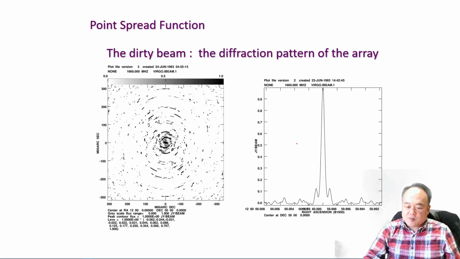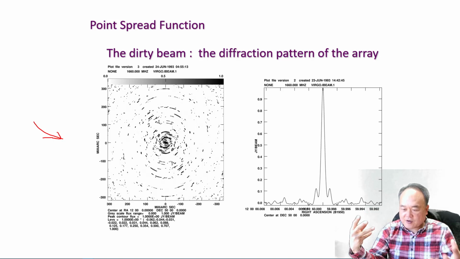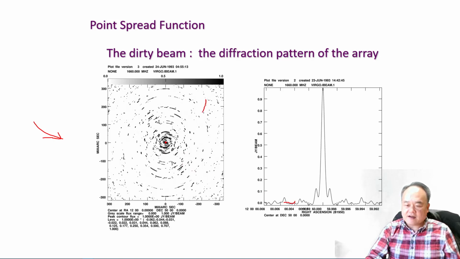And this is more like a typical construction of a radio array observation. We see that at the center we achieve good, high resolution, but a lot of noise is introduced because of the less than perfect UV coverage.